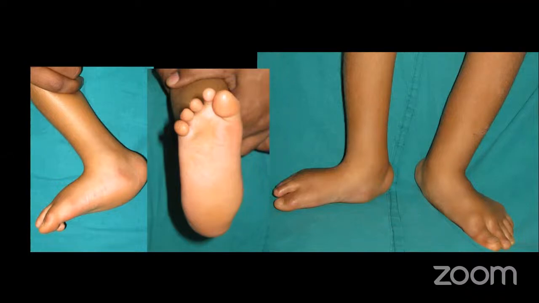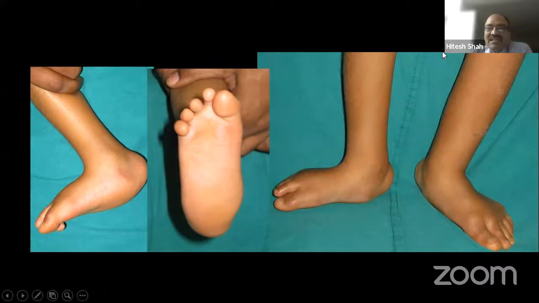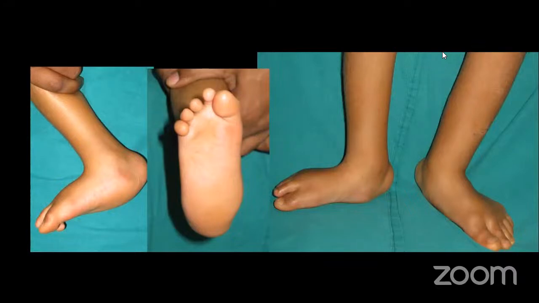What is the difference clinically, and in other points also, between congenital oblique talus and congenital vertical talus? Sir, clinically there is some protrusion in the medial aspect of the foot.